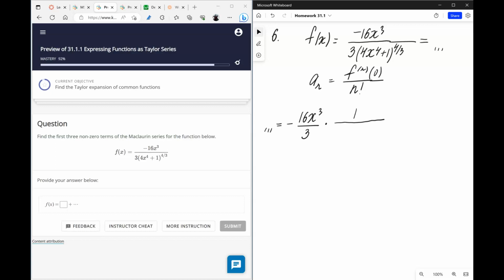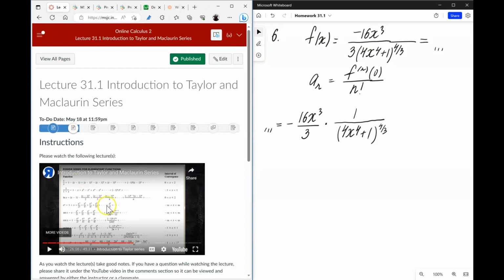And here we have 4x to the 4 plus 1, to the power 4/3, and I want to inspect our list here to see if we have anything to match that pattern. And I do see at the bottom here we have this formula.